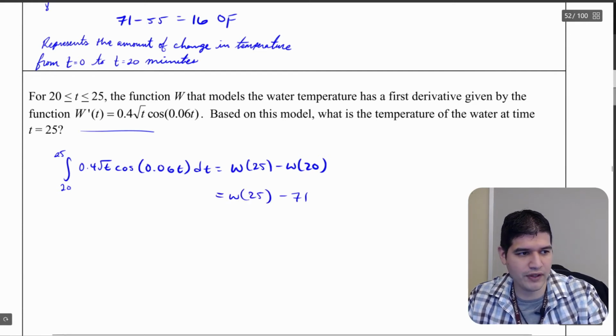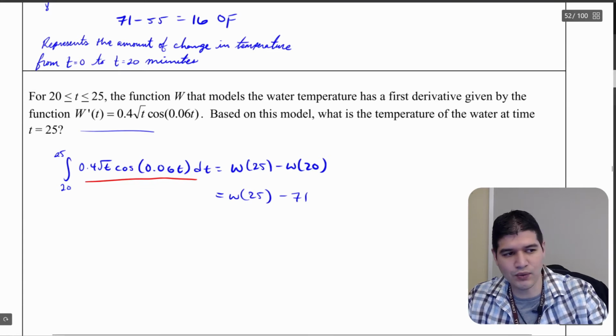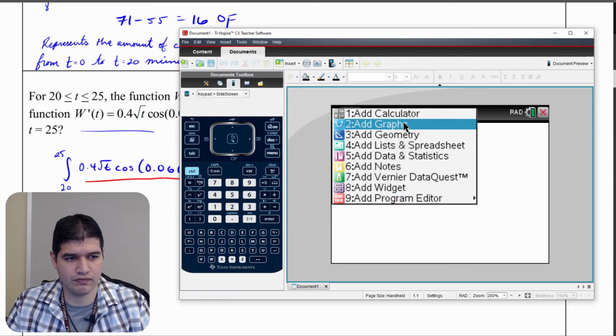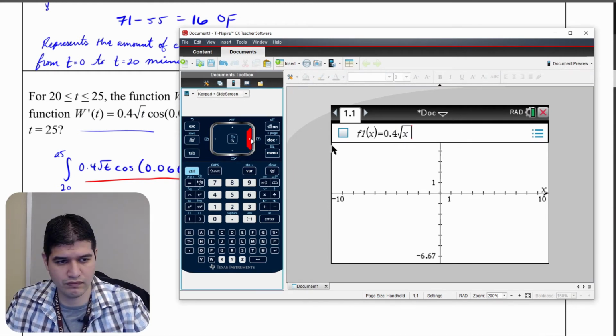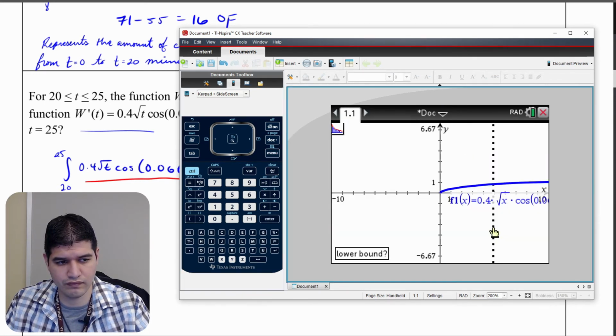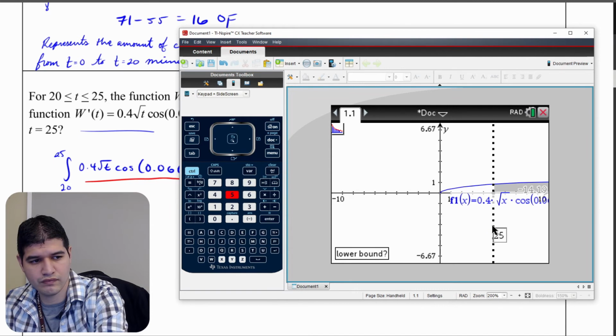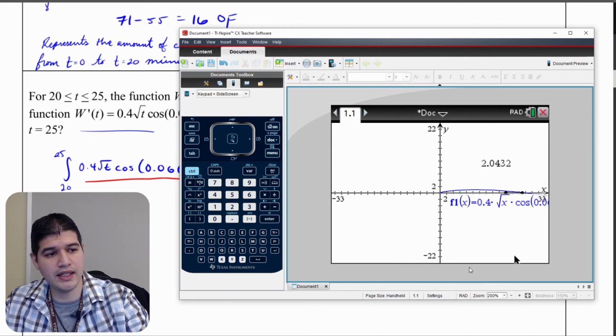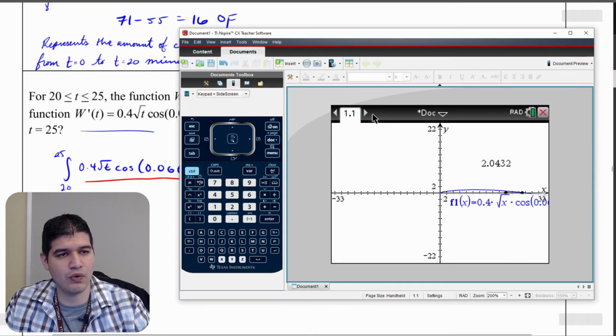Well, in order to figure out this part, I'm just going to use my calculator again. So let's go ahead and do that. And the result that I ended up getting here was 2.0432.